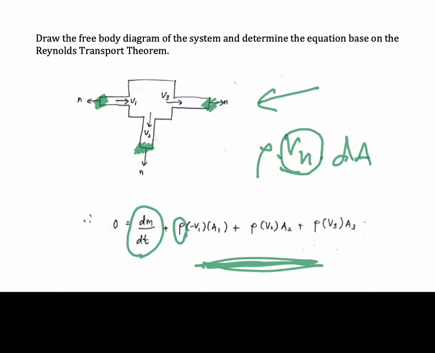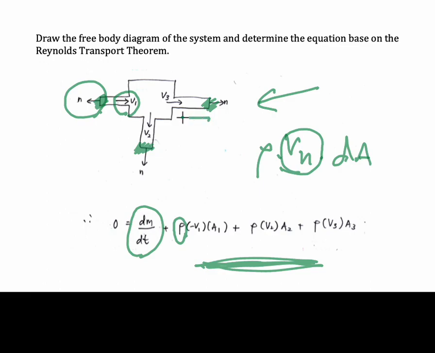So what is the V on vector n? You need to see what is the direction of the real velocity that flows into your system, and what is the direction of the n vector. If the directions are opposite to each other, you need to put a negative sign on the velocity.